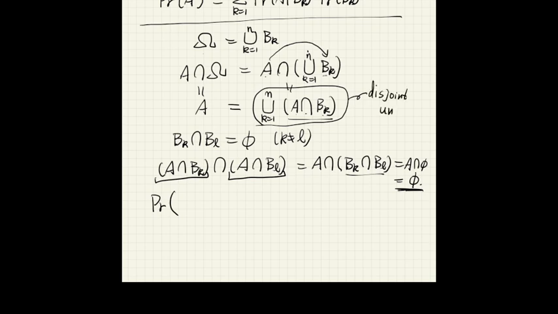From axiom 3 of probability measure, the probability of a disjoint union can be expressed as the sum of probabilities.